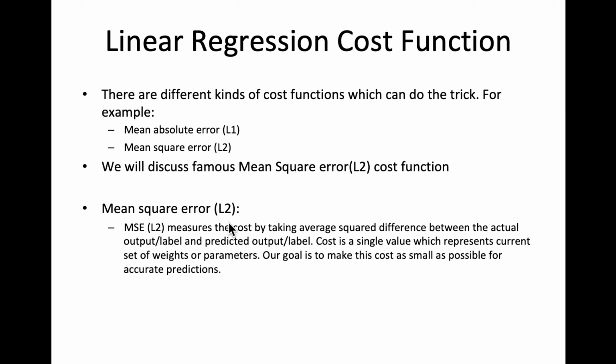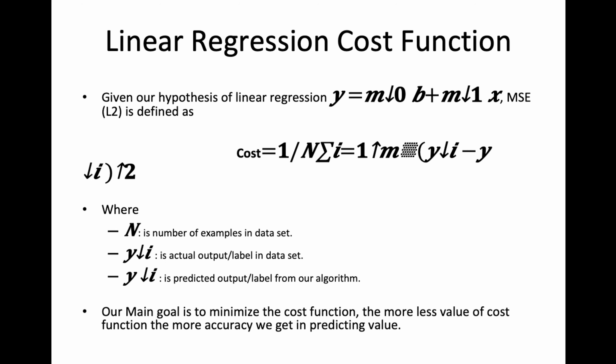It measures the cost by taking the average square difference between the actual output and the predicted output. The cost is a single value which represents the current set of weights or parameters, and the idea is to make this cost, or the mean square error, as small as possible.